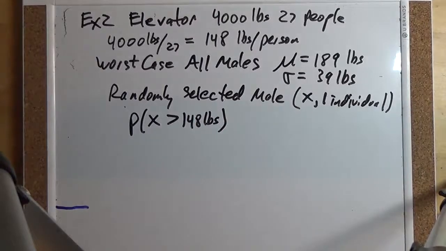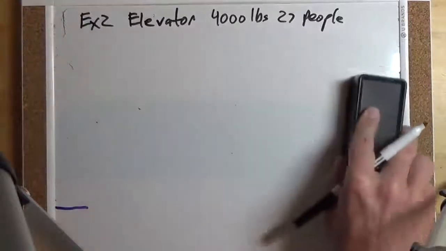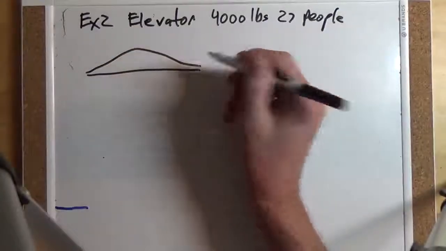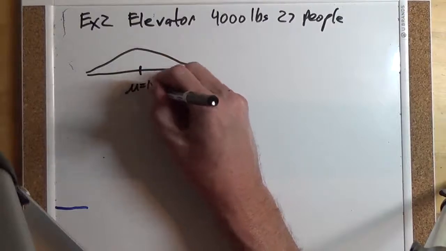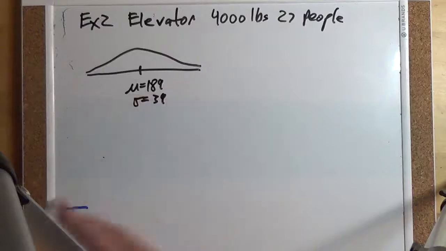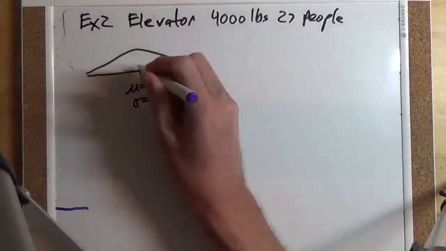So I'm going to draw my diagram to do the analysis. I've got those in my notes. So I draw my normal curve, I put my mean in the middle, I put my standard deviation right under it, and then I go, okay, where does 148 fall?